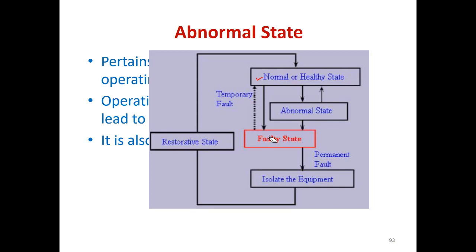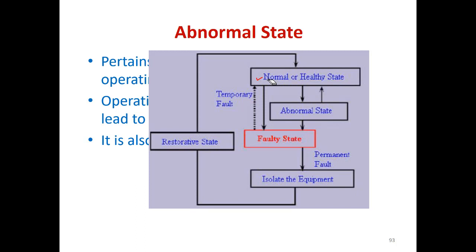From the faulty state, if the fault is temporary, then obviously it will return to the normal or healthy state. Therefore we have reclosing as an approach. As soon as the fault happens, the reclosure of the circuit breaker takes place.